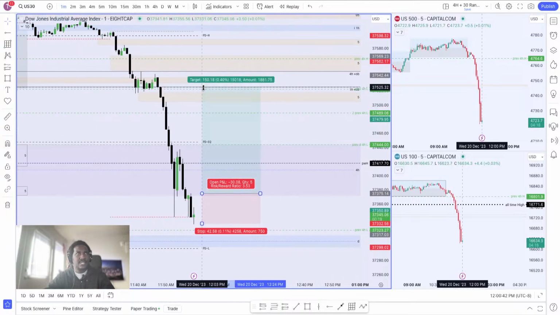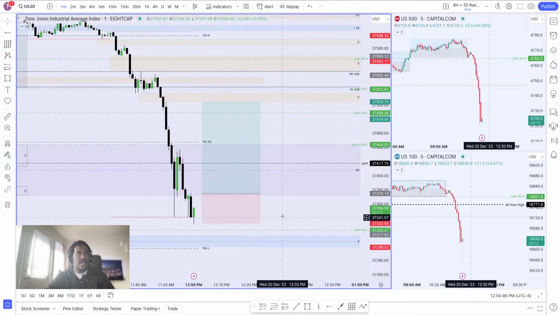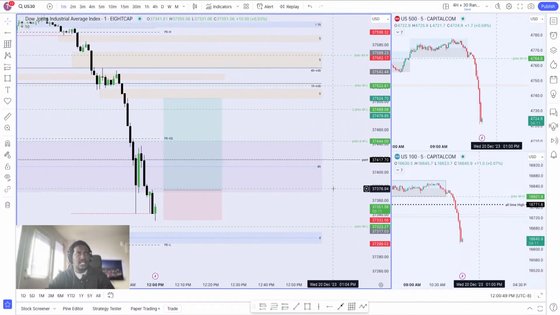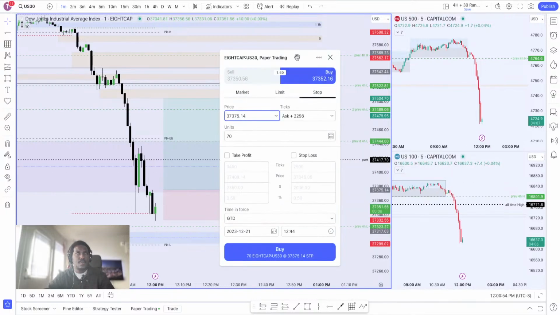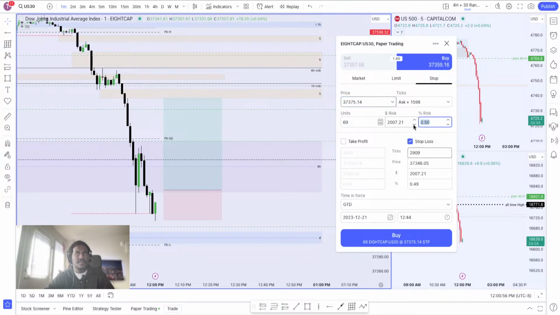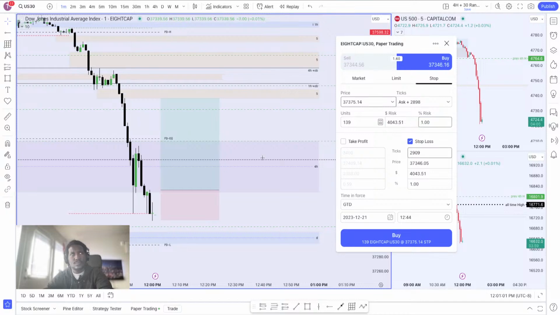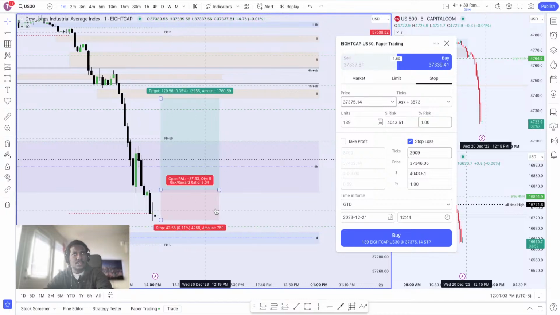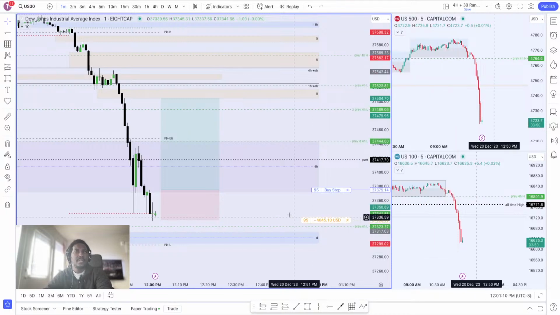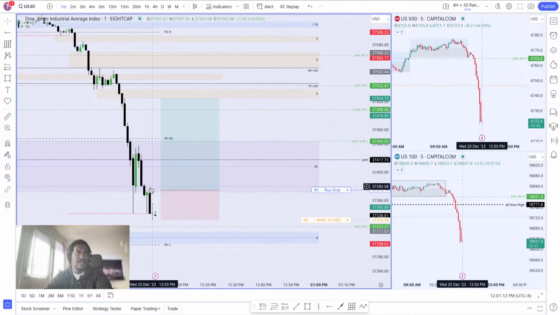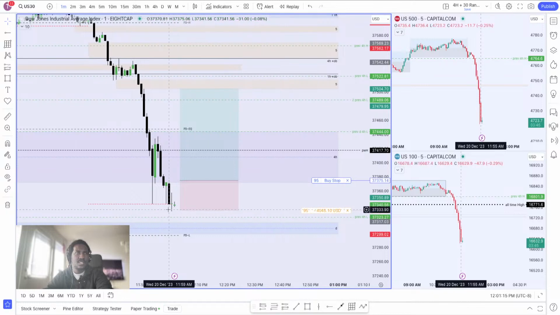That would be like a 3:4 situation over there, and I'm going to get in on that trade risking 1%. The stop loss is 42.58, and let's see how this goes. Boom. So my entry is at this high and my stop loss is at this low.